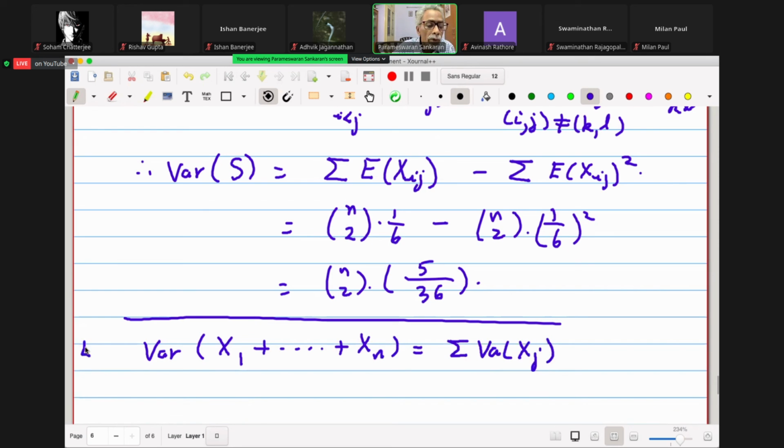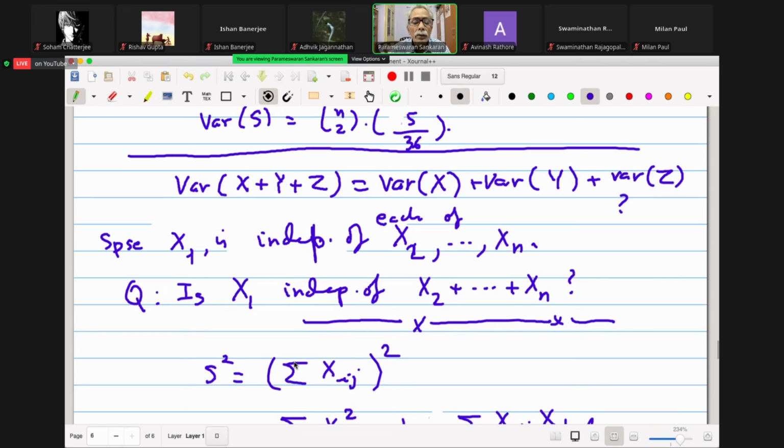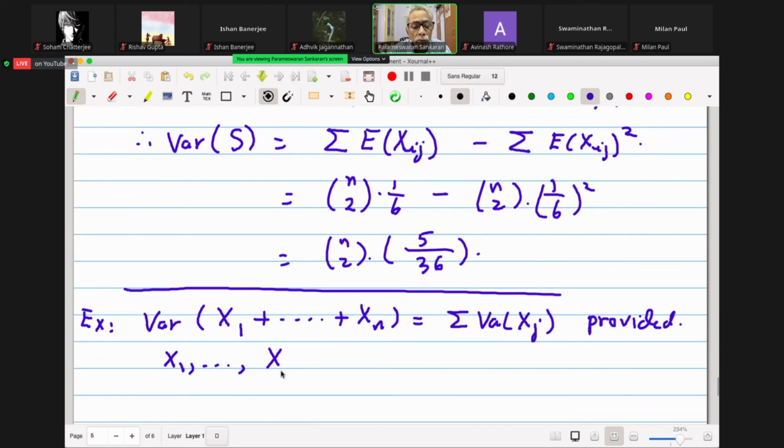This is also an exercise. Don't assume any further condition; this is not required. I just cut it out, but let it stay as it is. A weaker assumption will do: pairwise independent. That's all that is needed.